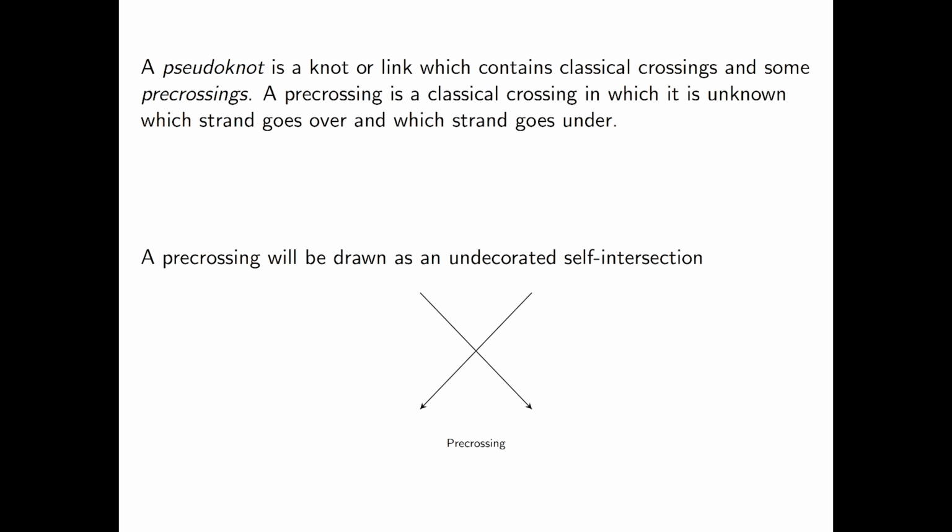Remember that the singular crossing is going to be denoted by the two strands intersecting and a point at the intersection. But for a pre-crossing, we're thinking of this as a classical crossing. We just don't know any information about the over and under of these strands. So this is just an undecorated self-intersection.